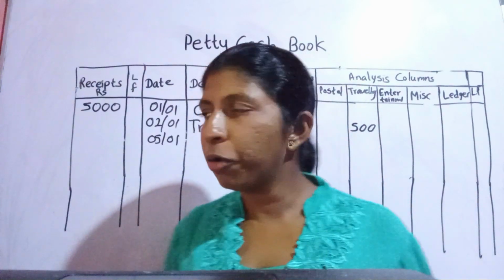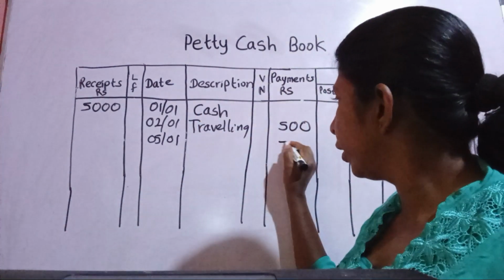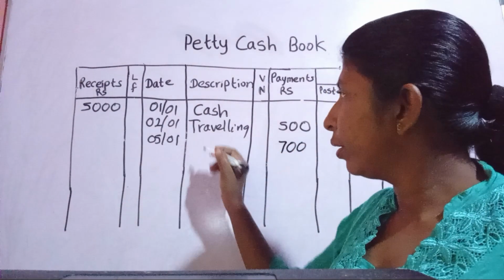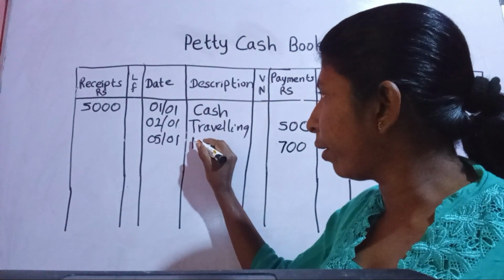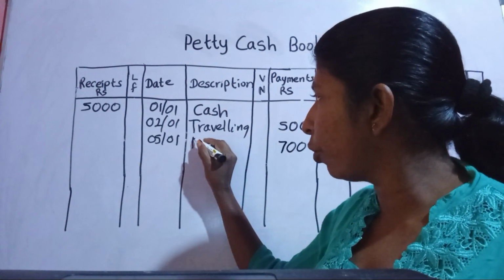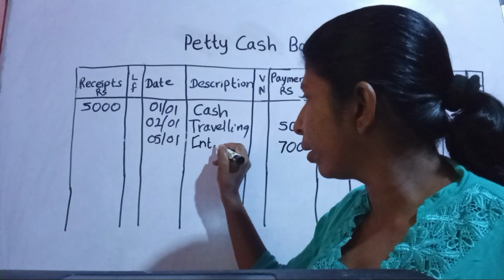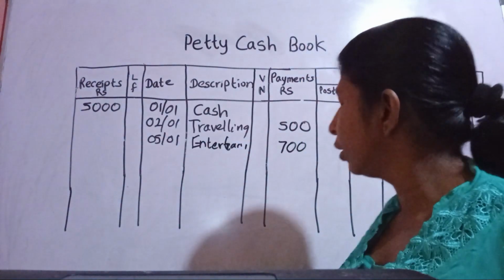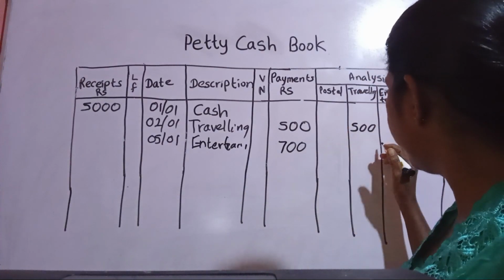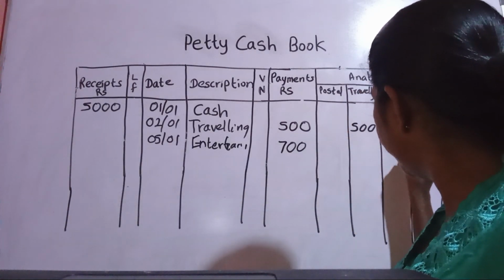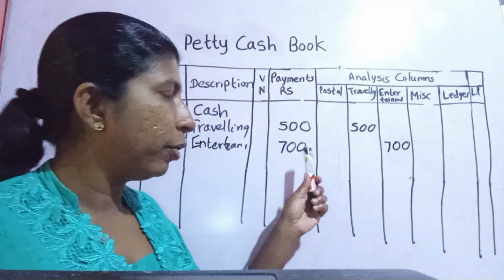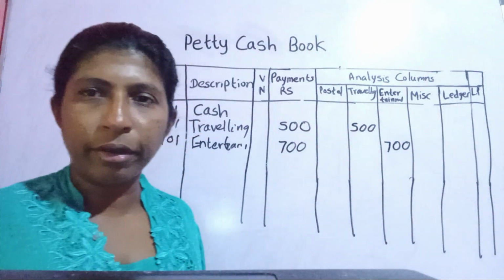The amount is 700. In the payments column, you have to write 700. Here you can write refreshments or entertainment, and in the entertainment column you have to write 700. We wrote that in two places, 700.